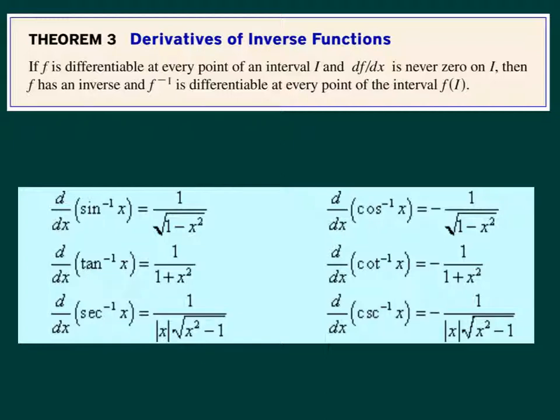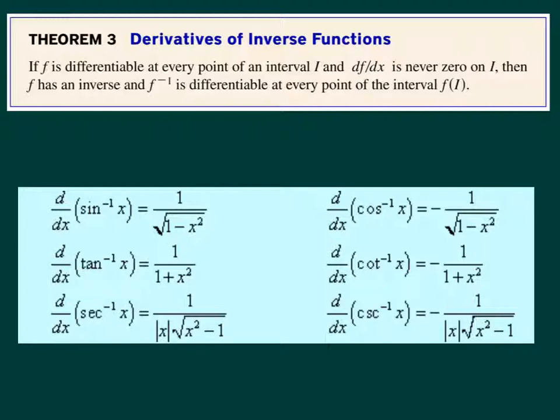And the inverse of f is differentiable at every point on the interval f of I. Basically, as long as a function doesn't have a horizontal slope at any point along that interval, its inverse is also differentiable, which makes sense, because if it was a horizontal line and we reflected that over the y equals x line, it would be a vertical line, and there would be no derivative there because you'd have an infinite slope.